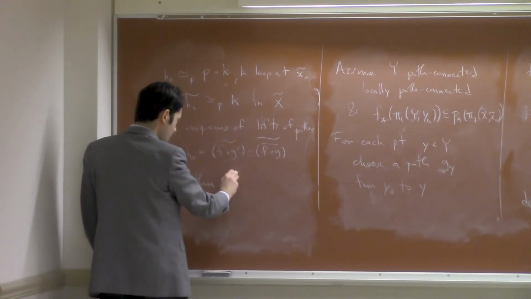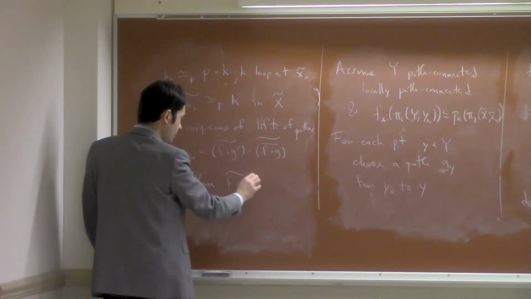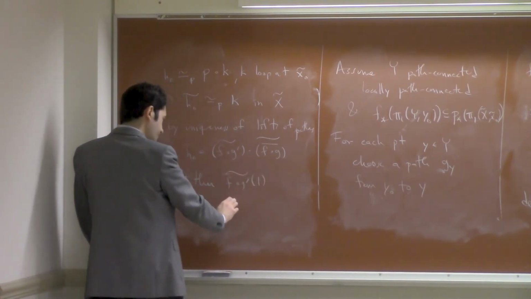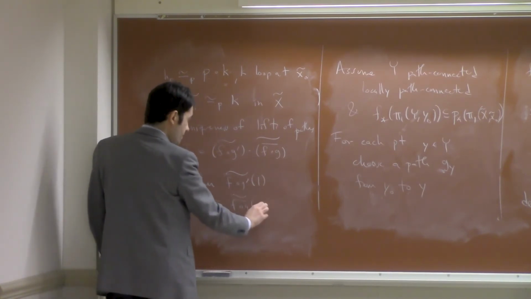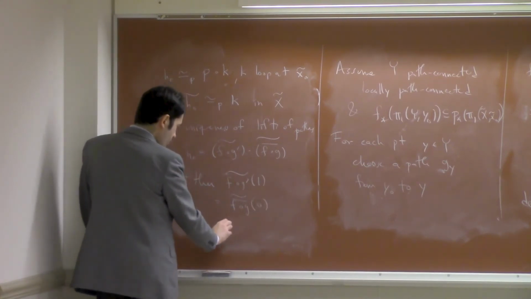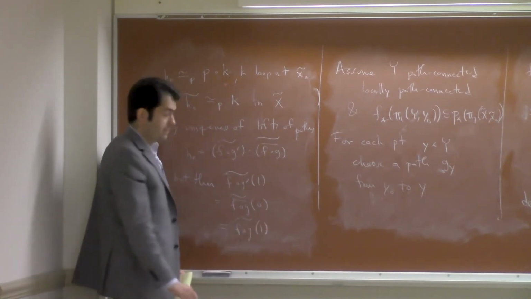So we conclude that the lift of this at 1 is equal to the lift of this at 0, which is the lift of this at 1.